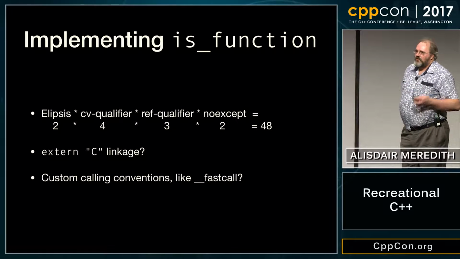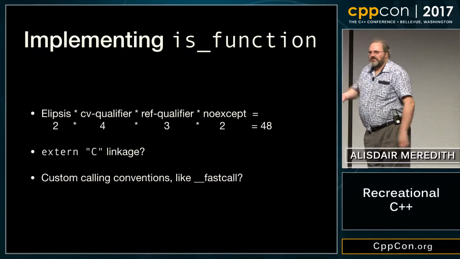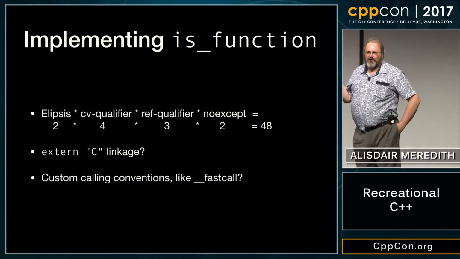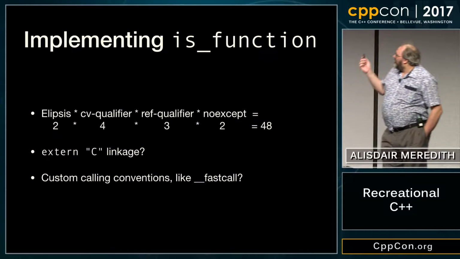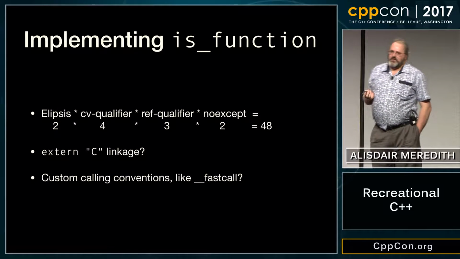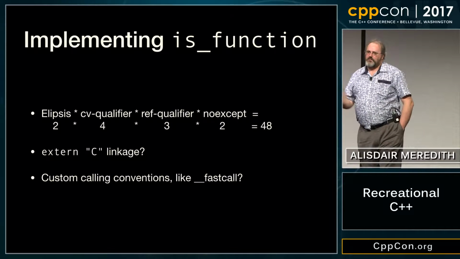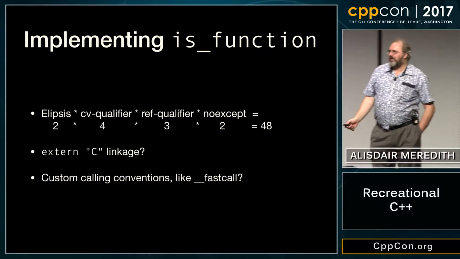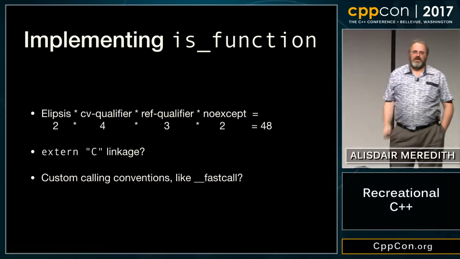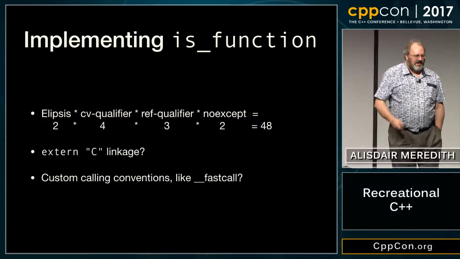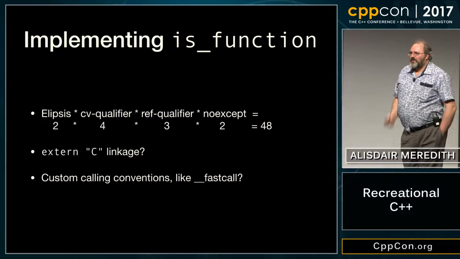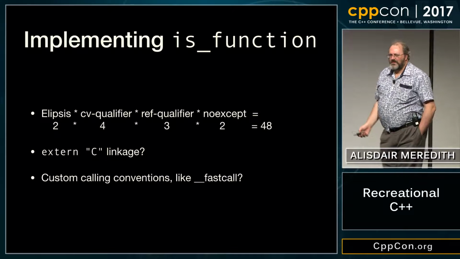I've not even spoken about doing the extra specializations for extern C linkage, partly because I've forgotten, I can't remember either way. And we do have problems in certain environments where compilers have their own extensions for function types, like Microsoft's got various declspec calling conventions that also ended up needing specialization here. Perhaps this isn't the right solution after all.